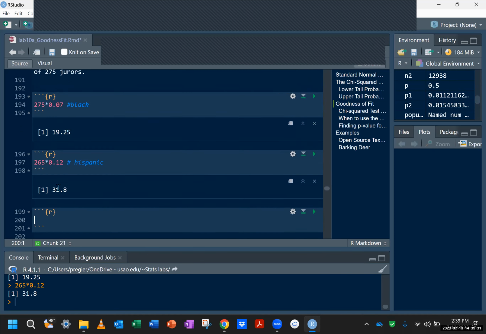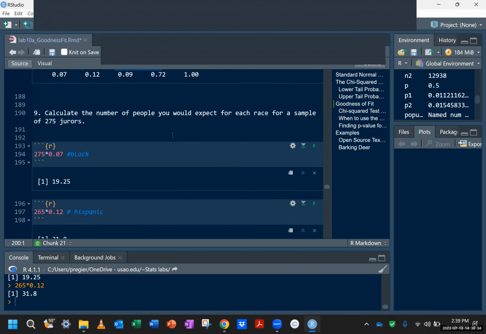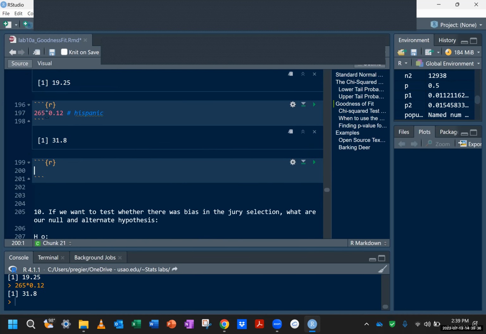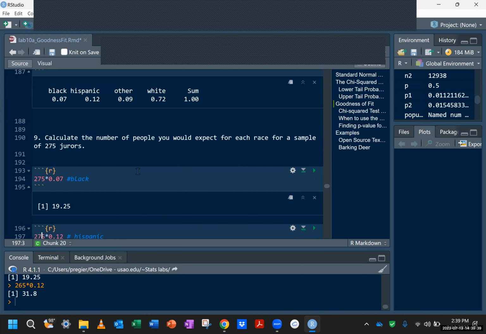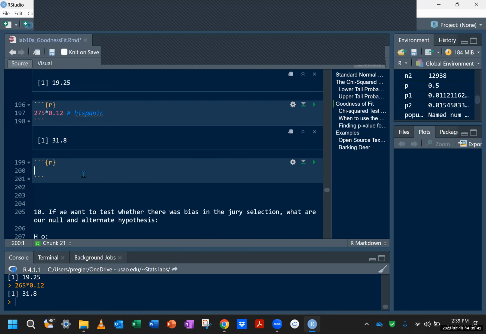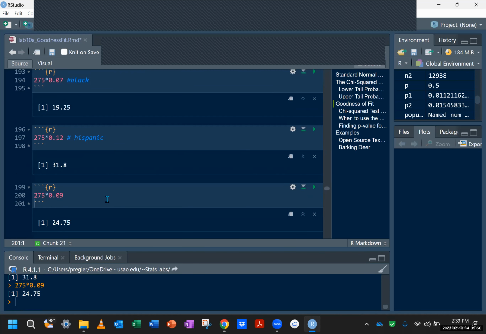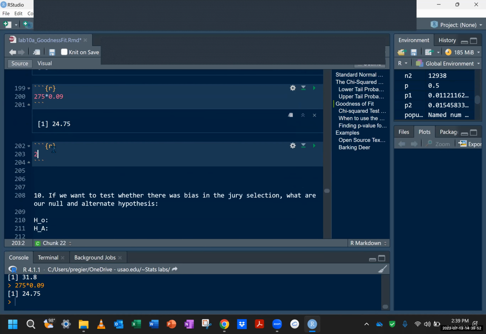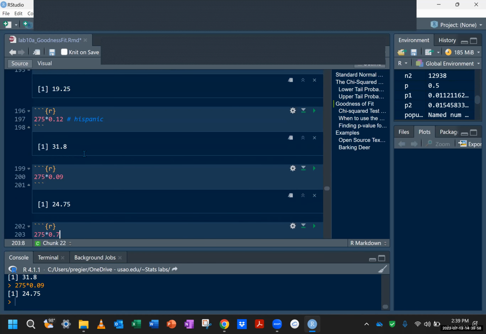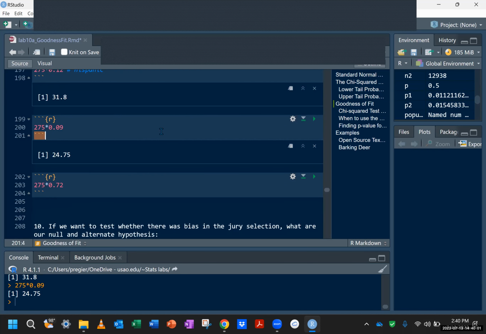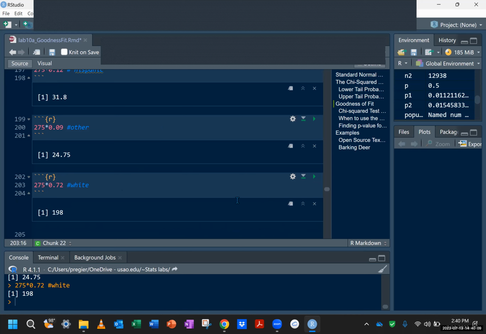Let's see if we can find out what the remaining proportions are for other and white. Expect to see 9% other. And 72% white. Those are the expected counts that we would see.